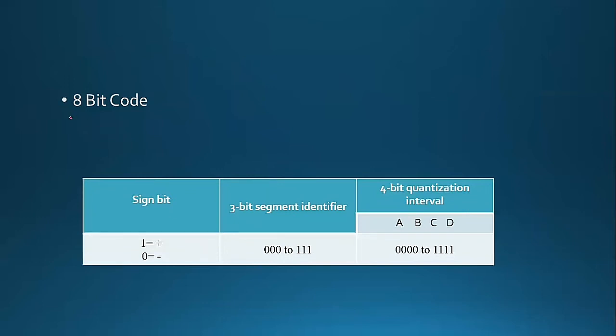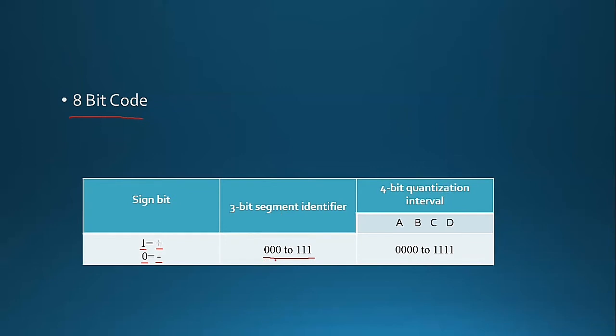Now we have this 8-bit code, and it comprises a sign bit. If we have 1, that means it is a positive value. If our sign bit is 0, that means it is a negative value. After the sign bit, we have the 7 remaining bits. The first 3 bits are also called the segment identifier. It identifies which segment that 8-bit code belongs to, because the 12-bit to 8-bit code resembles the mu255 analog companding graph, and it has 8 segments.